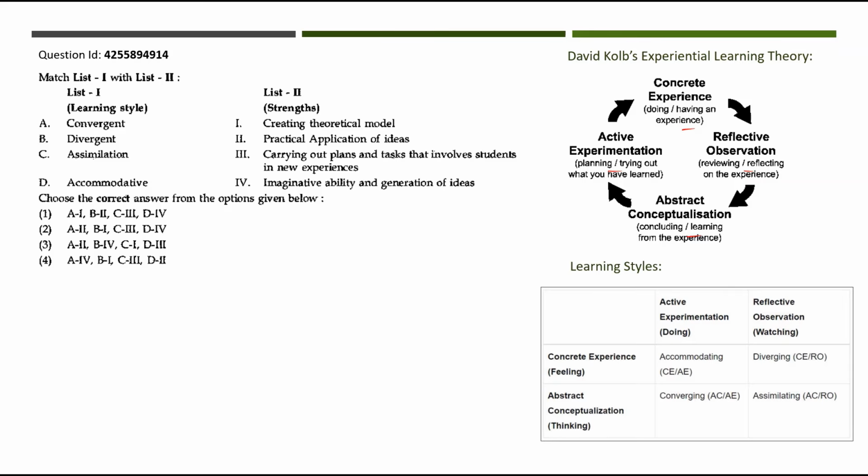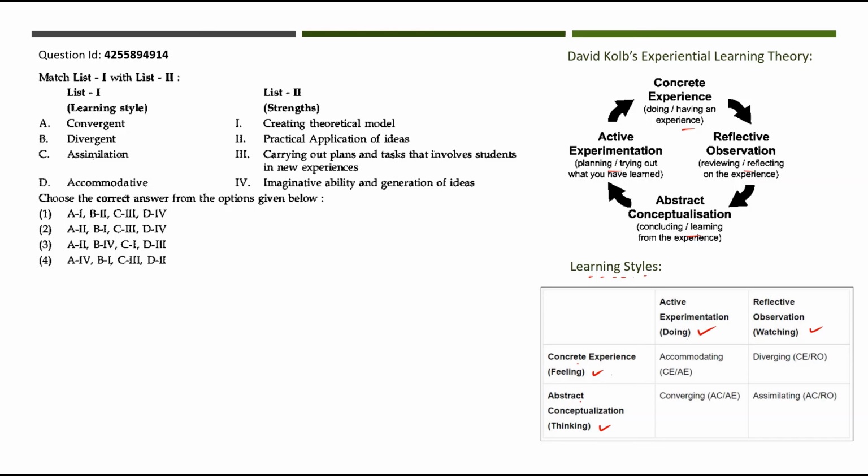From there, we have 4 kinds of learning styles. Experience is about having the experience, so it is more about feeling. Conceptualization is learning from the experience, it is about thinking. Reflective observation is you are watching. Active experimentation is doing. So feeling, thinking, doing, watching. How are we getting these learning styles?